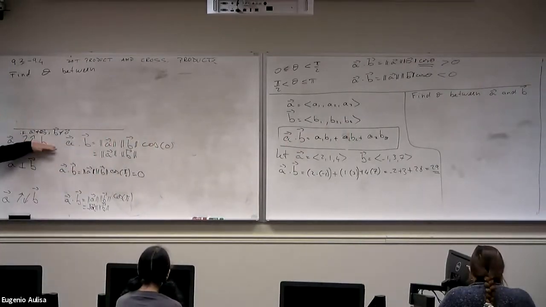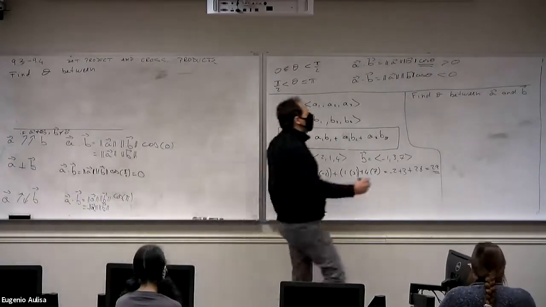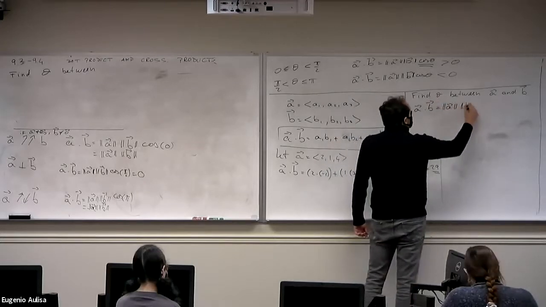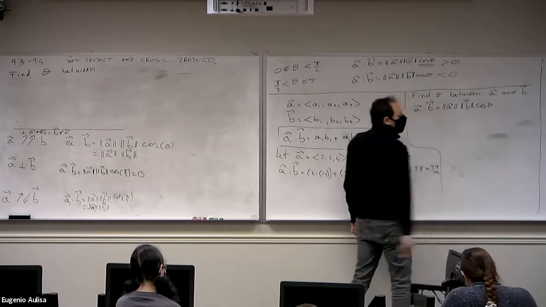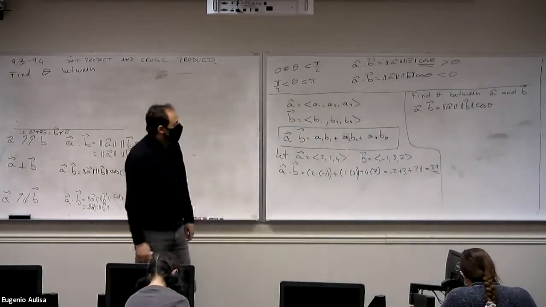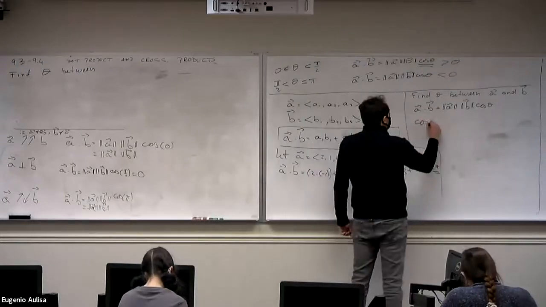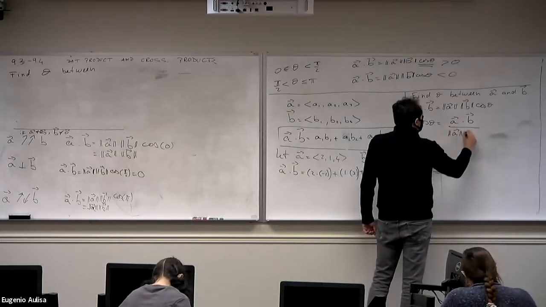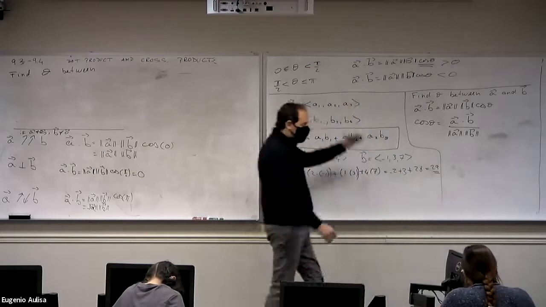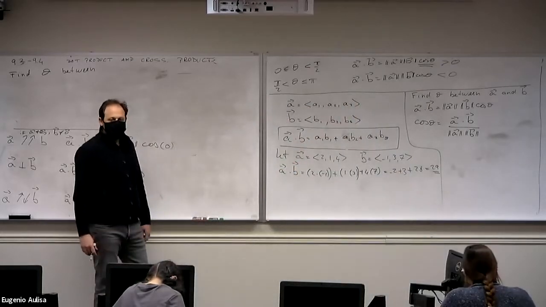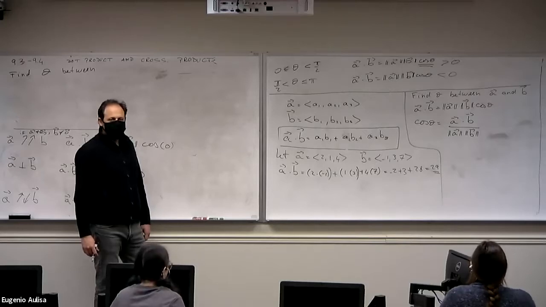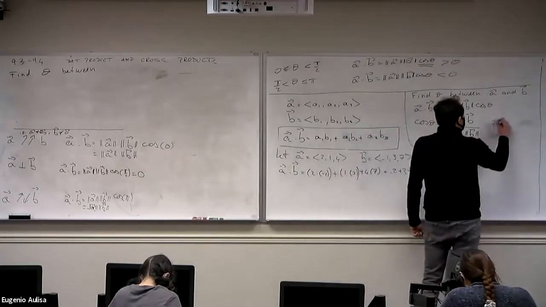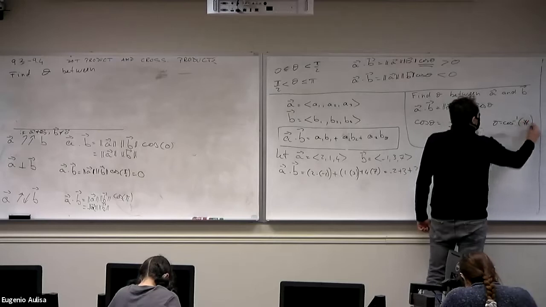So we have that geometric definition that says that A dot B is equal to the length of A times the length of B times the cosine of theta, which means that cosine of theta is equal to A dot B divided by the length of A times the length of B. Agree? So once you get this number, theta is going to be cosine inverse of that number.